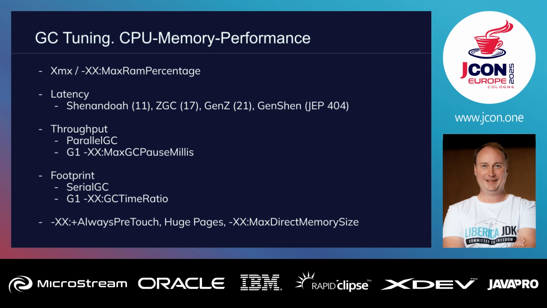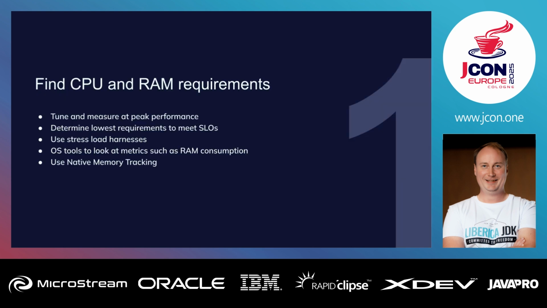We can put it in just 3 groups, right? Latency, throughput, and footprint. And there are basic GC options that allow us to optimize for those goals. There are more of them, but imagine we know the key metric, like latency, for example, but we still need to determine the right amount of memory we need for our application, including garbage collection, including its business logic.